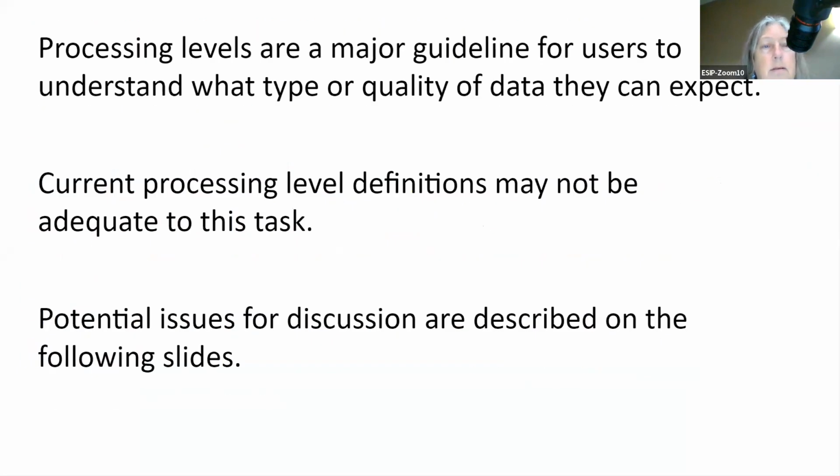I think I have a radical suggestion. Leave the processing levels the way they are defined for the satellite products, and perhaps have a separate set of definitions for aircraft and field campaigns.